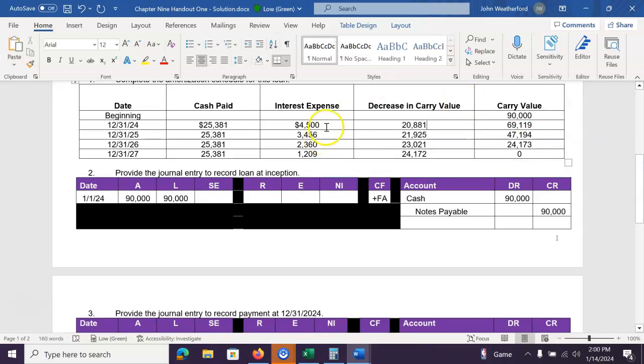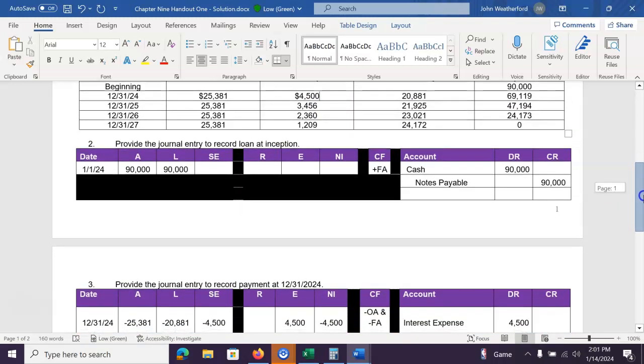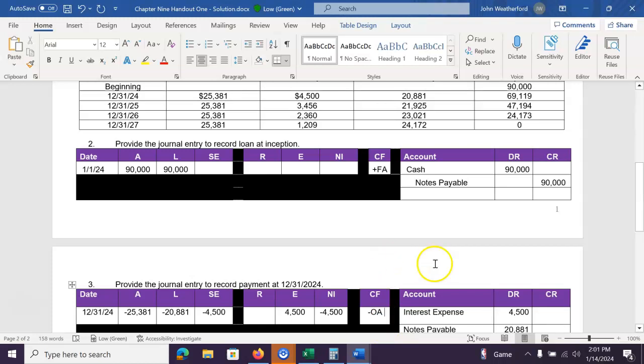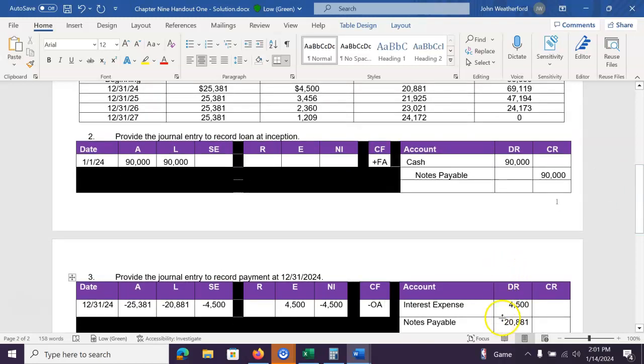It doesn't matter which one you debit first, but if you start with interest expense, we'll debit it for $4,500. It's an expense that increased. And the interest expense would be an operating activity. The note payable is going to decrease by this amount. The decrease in the carrying value, liabilities decrease on the debit side. And then we're going to credit cash for the $25,381.